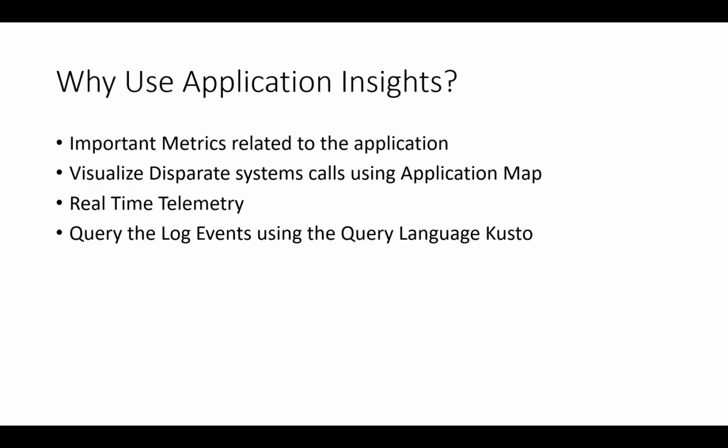It gives a holistic view of the system. It now also supports real-time telemetry, wherein if we want to monitor what's going on, we can turn on the real-time telemetry and observe the movement of the logs as the system processes certain files.